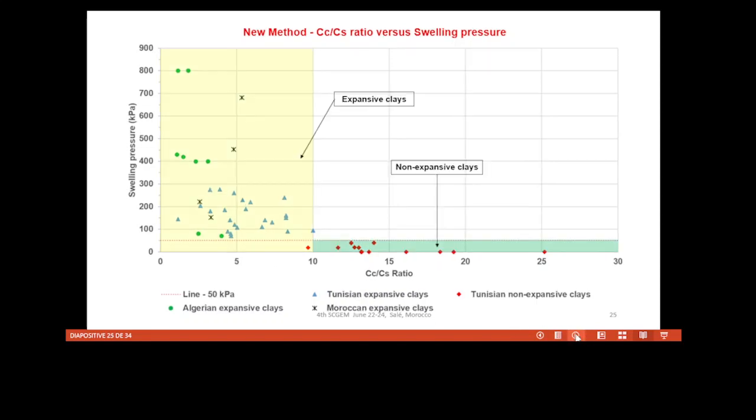What we can see here, for about CC by CS equal 10, we consider that there is separation between the non-expansive clays and expansive clays, and the value of swelling pressure equal 15 kPa is the limit to have rather an expansive clay or a non-expansive clay.